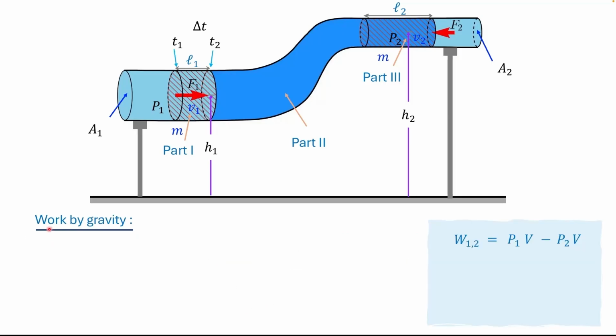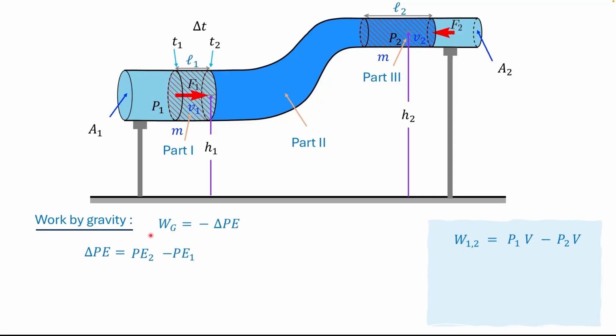Next, we need to find the work by gravity. We know that work on an object by gravity is equal to the negative of the change in potential energy of the object. The change in potential energy is the final potential energy PE2 minus the initial potential energy PE1. PE2 is the potential energy of the object at the final time T2.